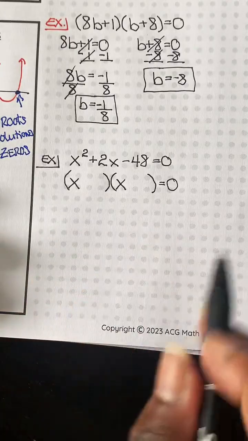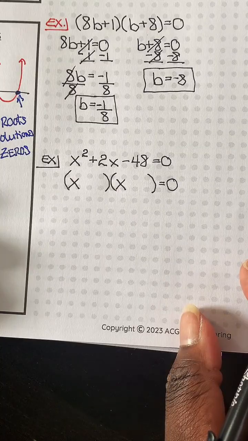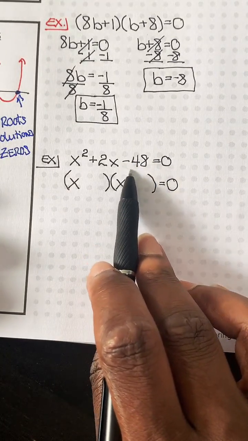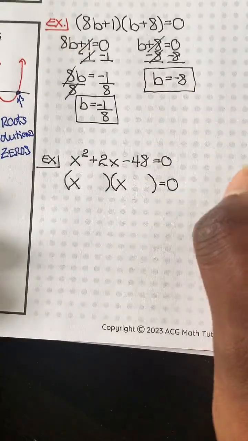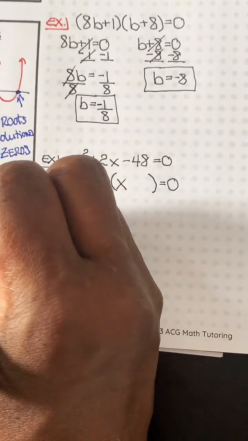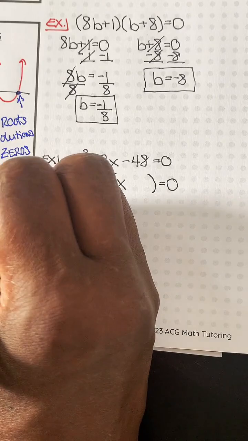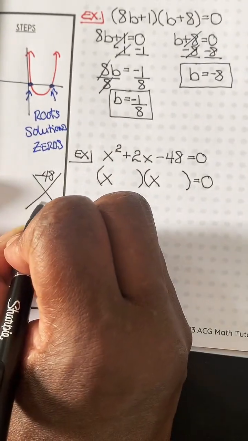You just go ahead and split your x's. Okay? So now we got to think, what two numbers multiplied together will give me a -48 and add together to give me 2.